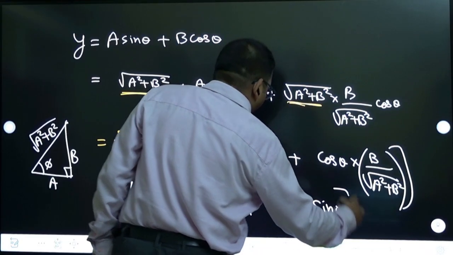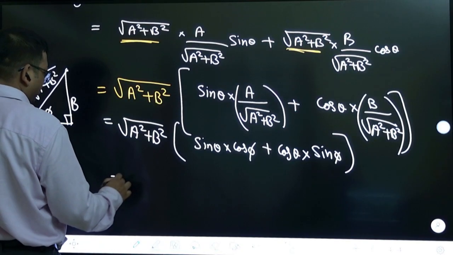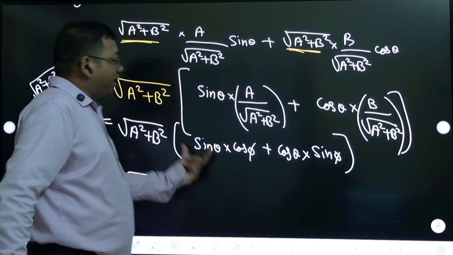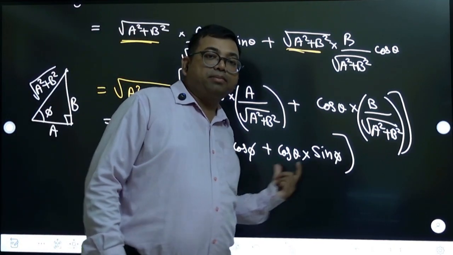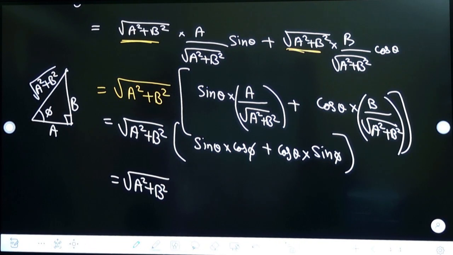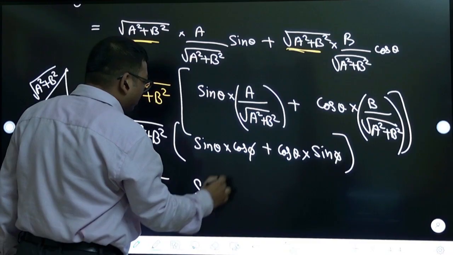So now what we got, can you tell what formula it is? Sin A cos B plus cos A sin B, which formula is it? No, no, sine A plus B, compound angle formula it is, correct?